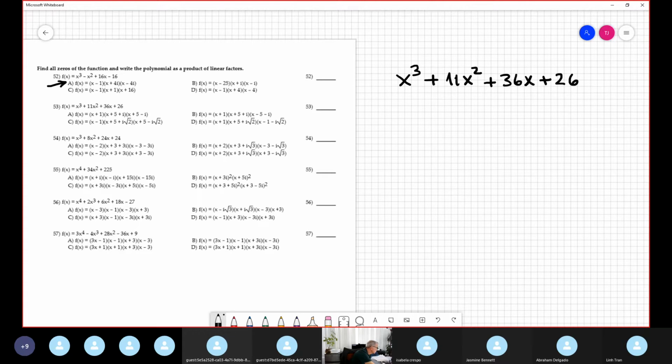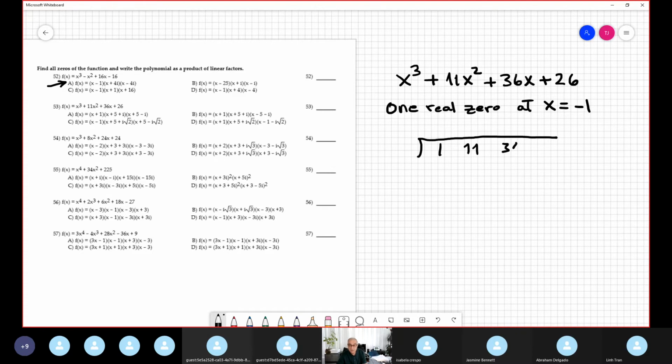So immediately I put it in decimals, and when I put it in decimals, I detect that we have one real zero at x equal -1. Yes, -1. So I take advantage of this fact and perform the synthetic division for the real zero. 1, 11, 36, 26.